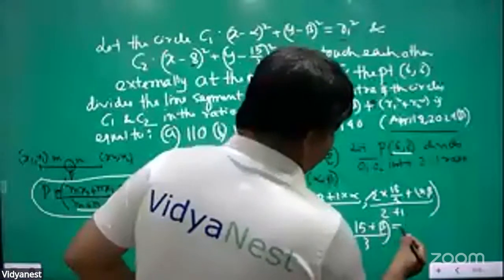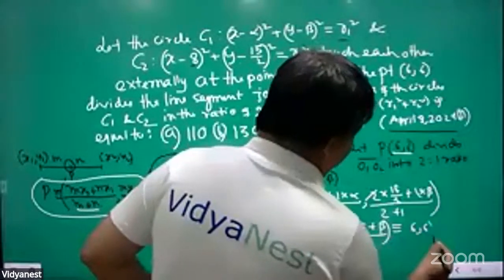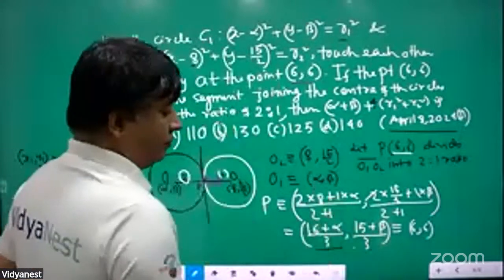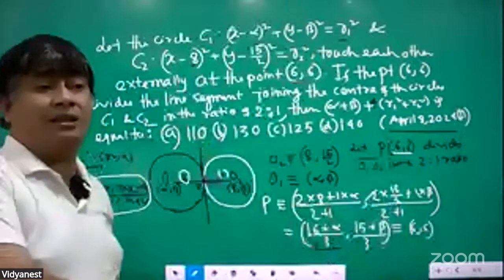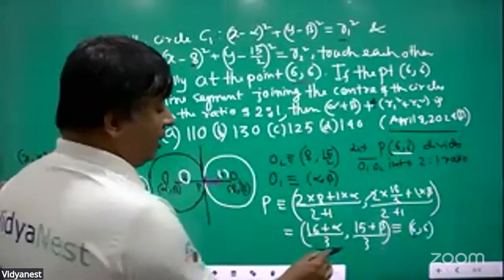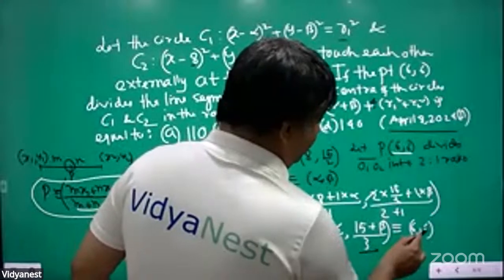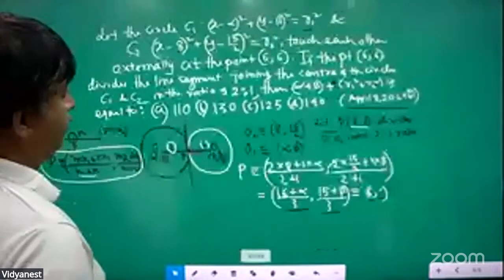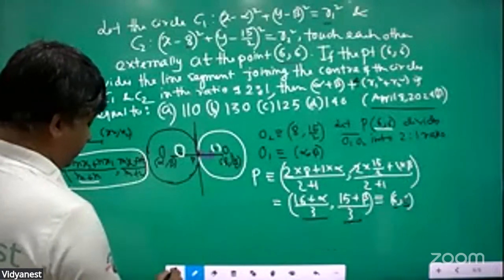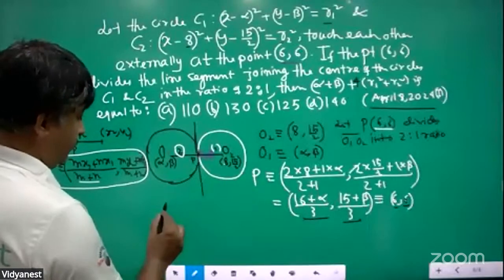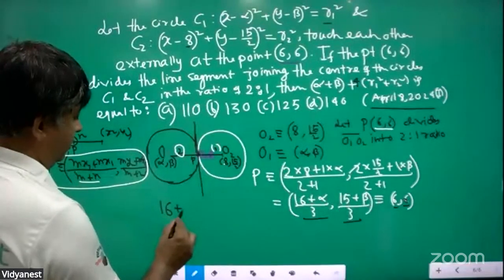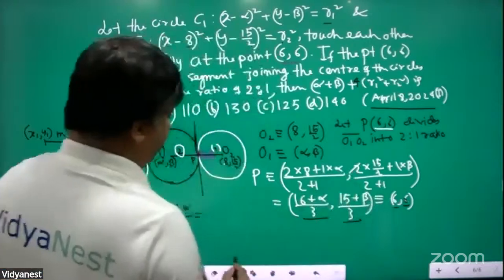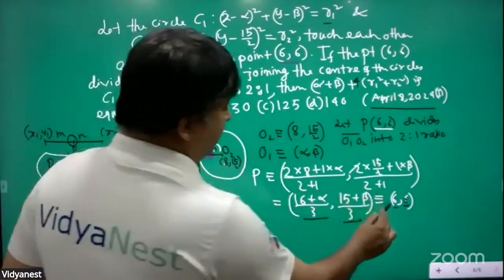This is equivalent to (6, 6). So the x component of this and the x component of that should be the same because both are the same point, and the y component should also be the same. So (16 + alpha)/3 is the x component of the same point.